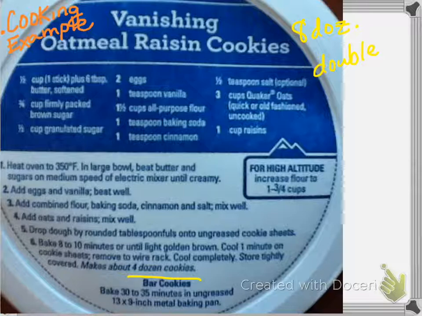If I have this much reactant, how much of this other reactant do I need to react with it? Because, again, if I only have 1 egg, I can't use a half a cup of sugar. I better only use 1/4 cup or my cookies aren't going to turn out correctly, okay? So, again, that's what we're going to be doing in stoichiometry.